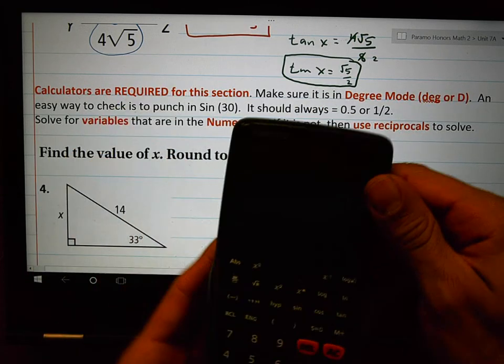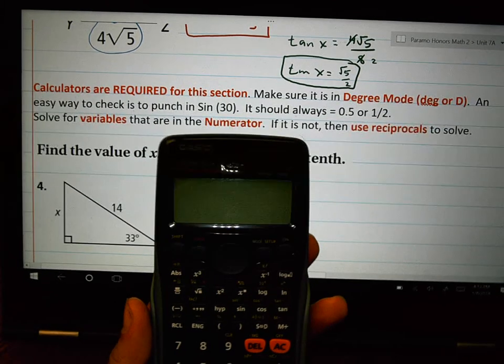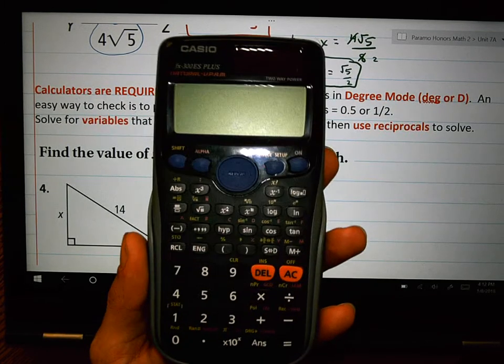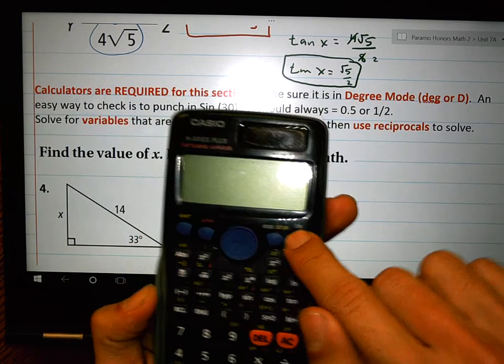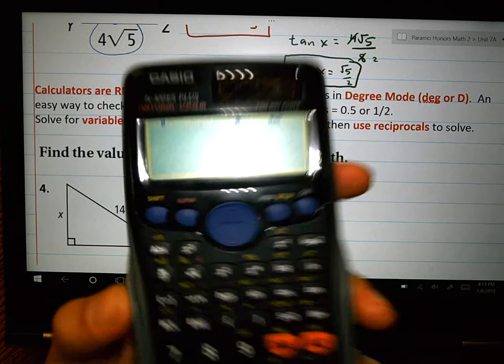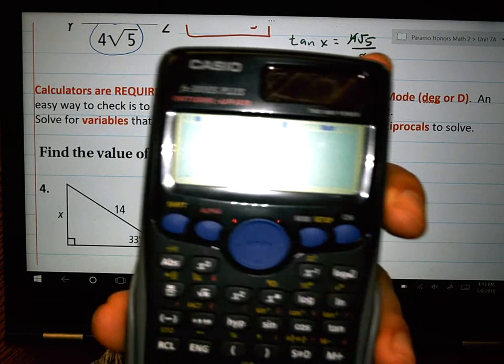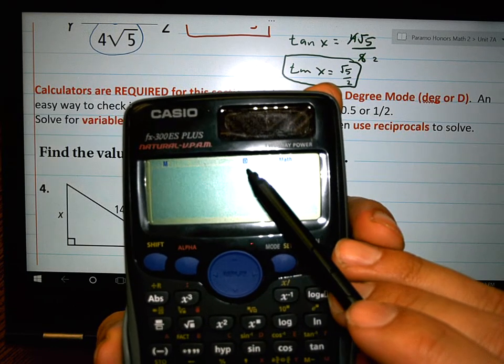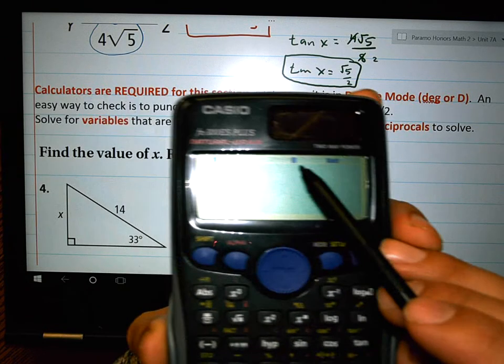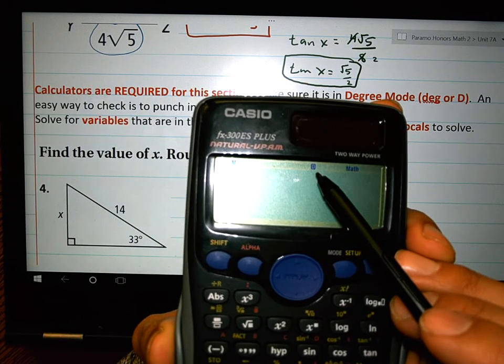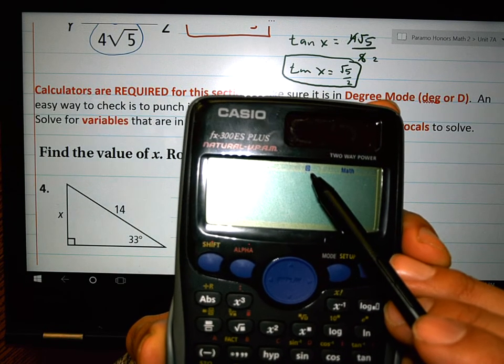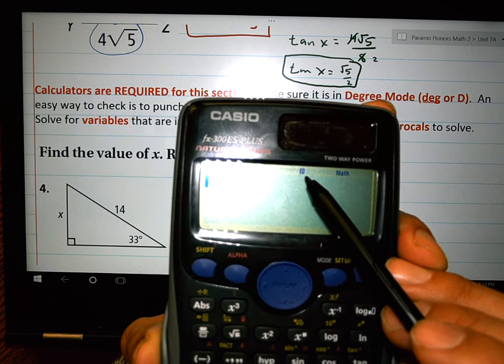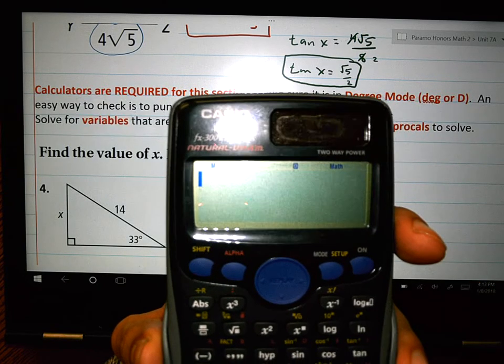Now, I'm going to attempt to turn a little light on here. And oh, look at that, it does work. And I'm going to point out something to you in this video right about there. I don't know if you can see it. That is the letter D that I am pointing at. That lets me know my calculator is in degrees.